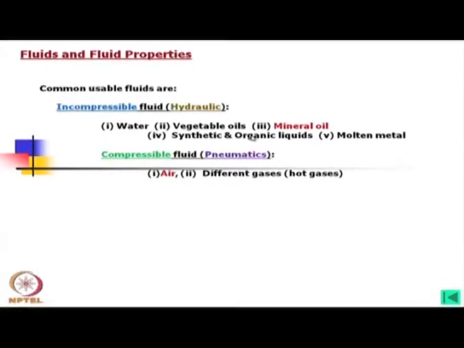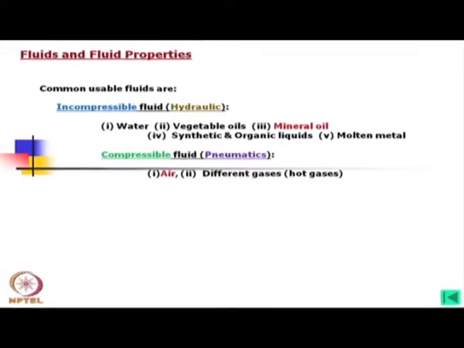Apart from that, particularly looking into the property that it should not be inflammable, synthetic and organic liquids are also being used. And last, molten metal can also be used as a fluid for fluid power transmission. This is a special application, very rare, but still it can be used.